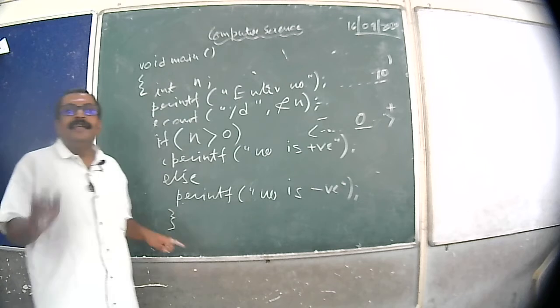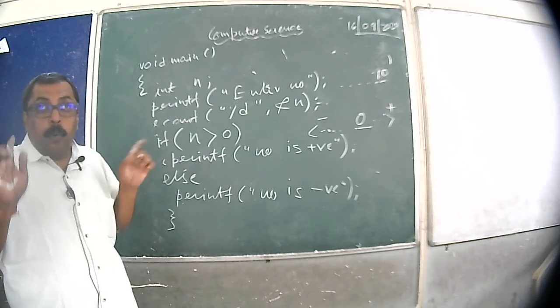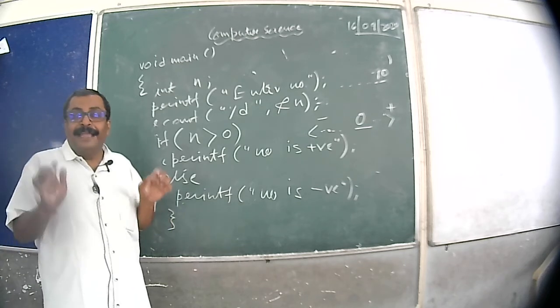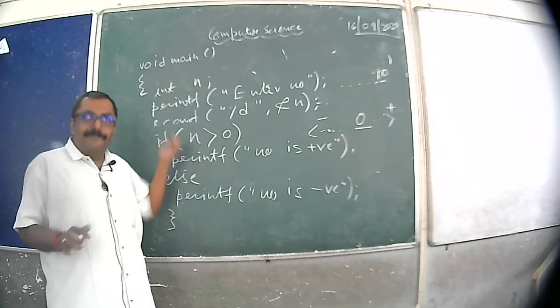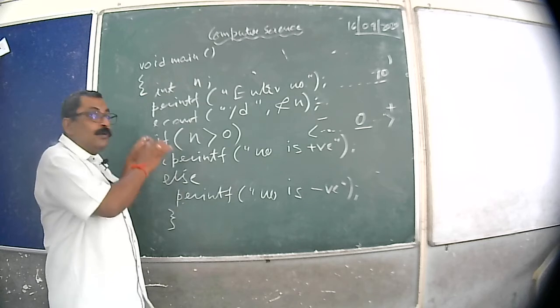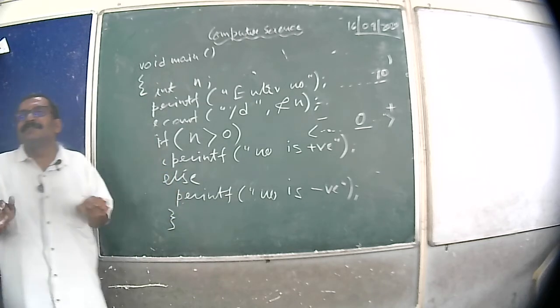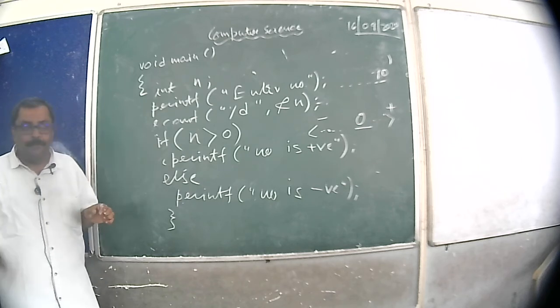That means there is no need to give braces. But when you are writing multiple statements, then braces are compulsory. In the last program I gave braces to show that braces are required, and here I have not given the braces. The explanation is given that when braces are not given, it can work properly.